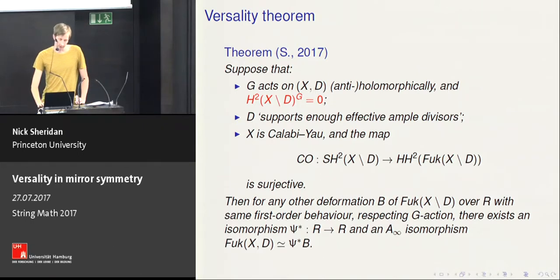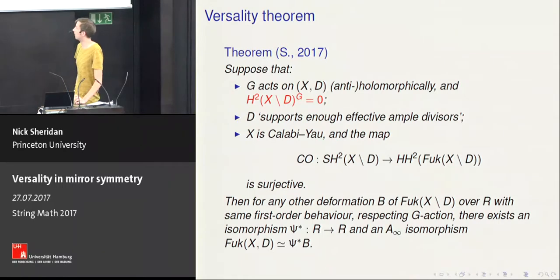The next condition is a little technical to state: it says that D should support enough effective ample divisors. The basic point here is that the deformation argument depends on the shape of this cone of effective relative homology classes, which depends on the shape of the cone of effective ample divisors supported on D. So we need certain facts about that shape of that cone to be true for the argument to work.